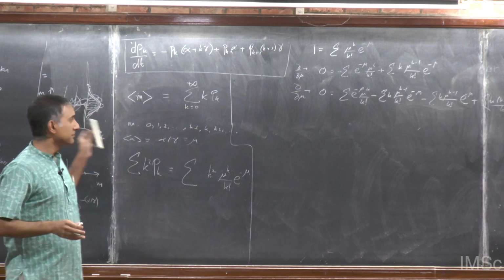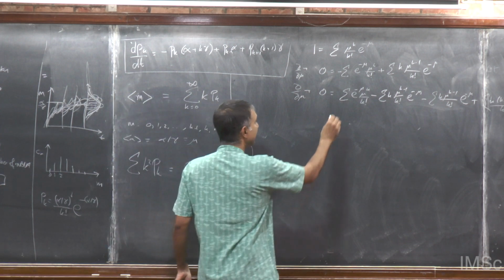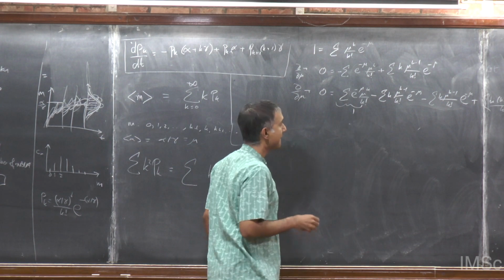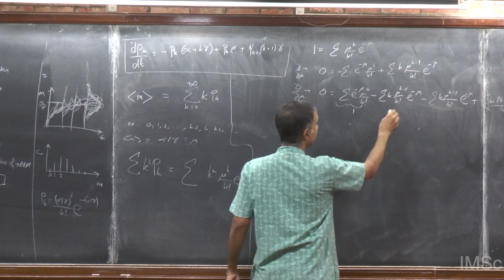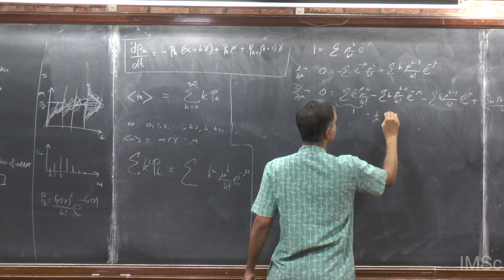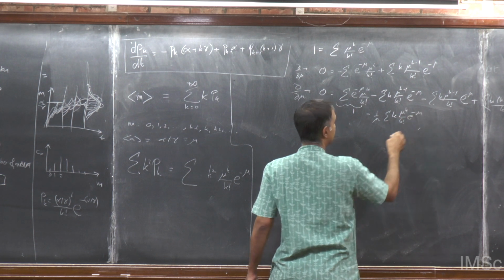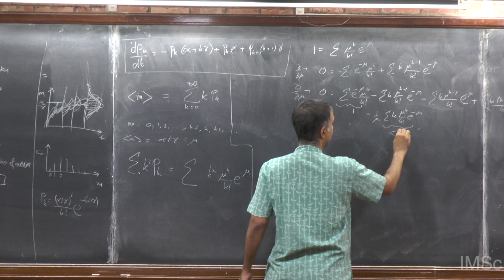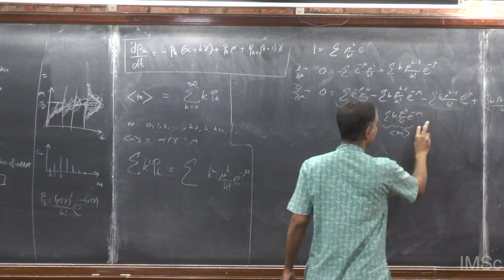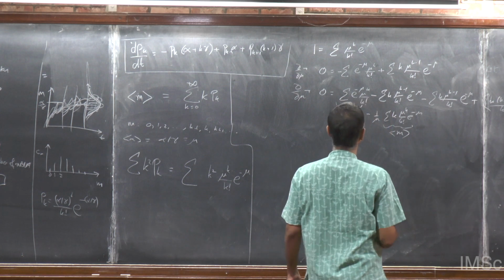Okay. So I've just taken the whole shebang, right? The full derivative thing. This is just 1. This thing is equal to minus 1 over mu, sum over k of mu to the k over k factorial e to the minus mu. And this is just that. This thing, what happened here?